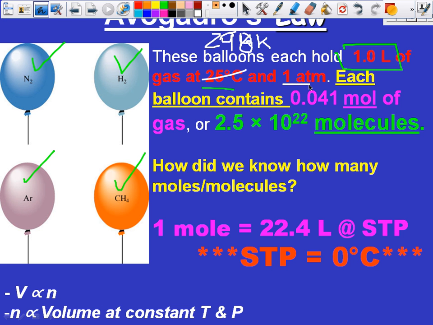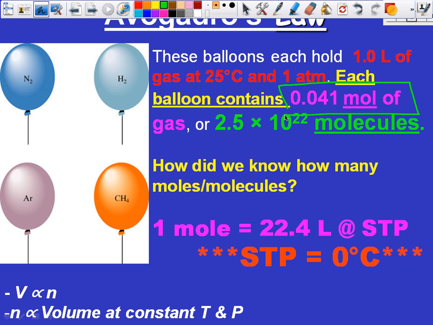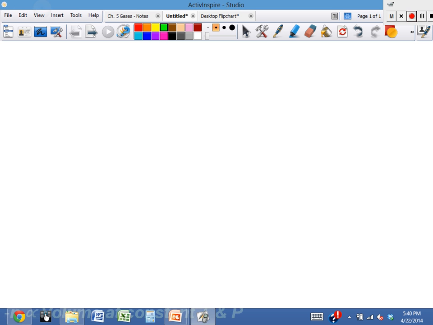And at 1 atm, each balloon contains 0.041 moles of a gas, or if you want to go any further, 2.5 times 10 to the 22nd molecules. Now, I know what you're thinking: what in the world is this random number, and where did that come from? The next video is going to talk about the ideal gas law, which hopefully you know as PivNerd.